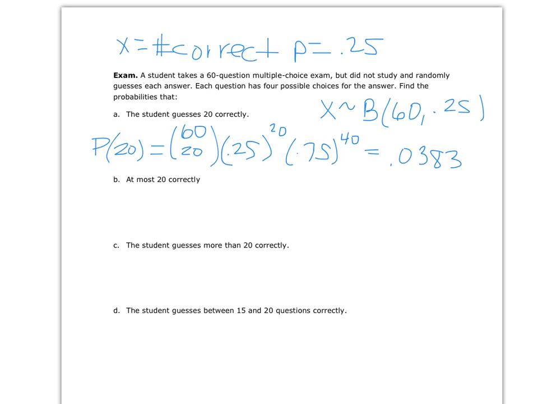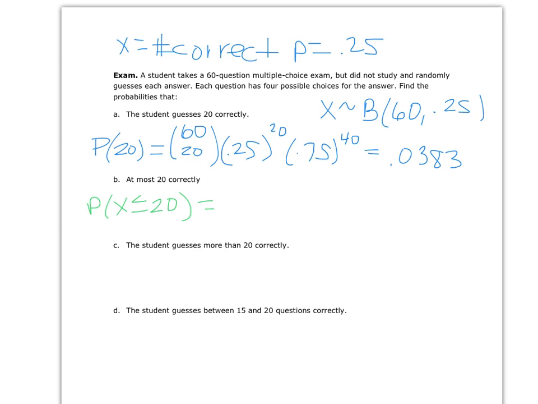Okay, so now let's look at at most 20. So that's the probability that x is less than or equal to 20. Here's where that formula is not going to work unless we use it 21 times for all the values equal to 20 and less. So here it's very nice and convenient to have the online tool.